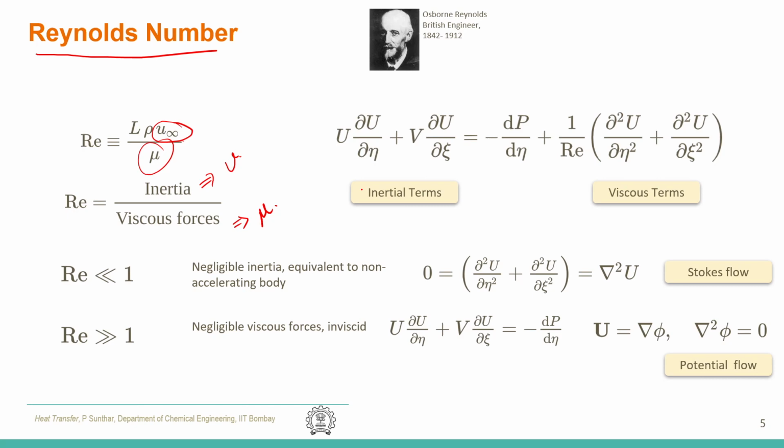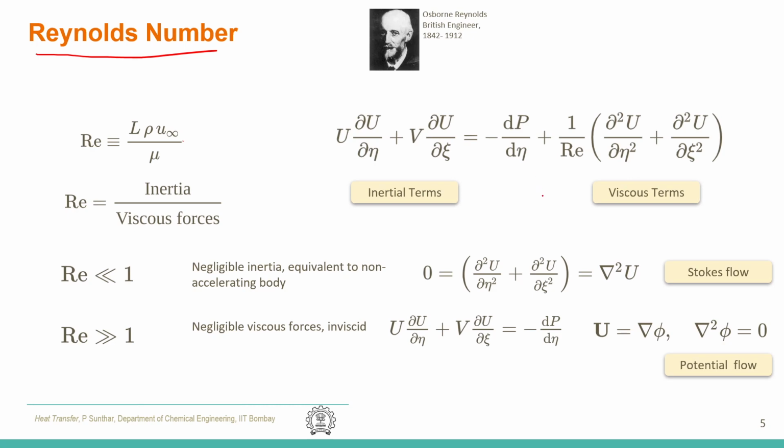Then depending on the values of Reynolds number, we can characterize the flow as laminar flow, turbulent flow, or whether it is in the transition region. From this equation, Reynolds number being a ratio of inertia to viscous force, we can say that if Reynolds number is very, very less than 1, the numerator is very small, that is negligible inertia, equivalent to a non-accelerating body, that is a body at constant velocity.